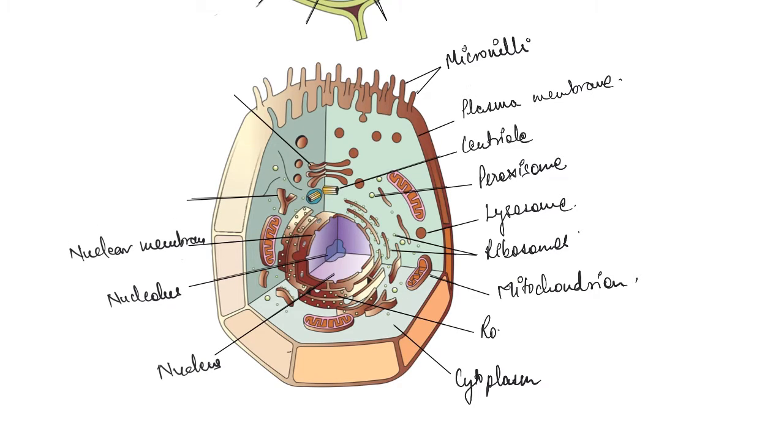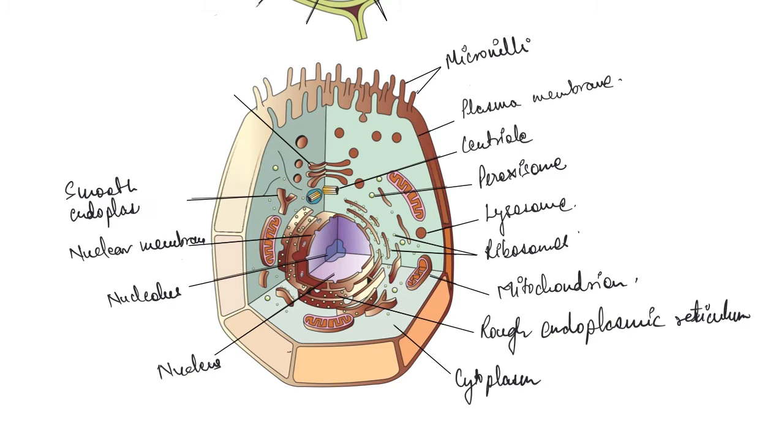You have rough endoplasmic reticulum, and you have smooth endoplasmic reticulum, and you have Golgi apparatus.